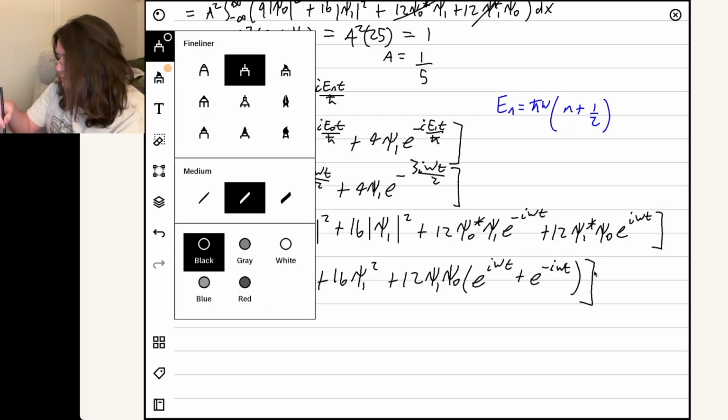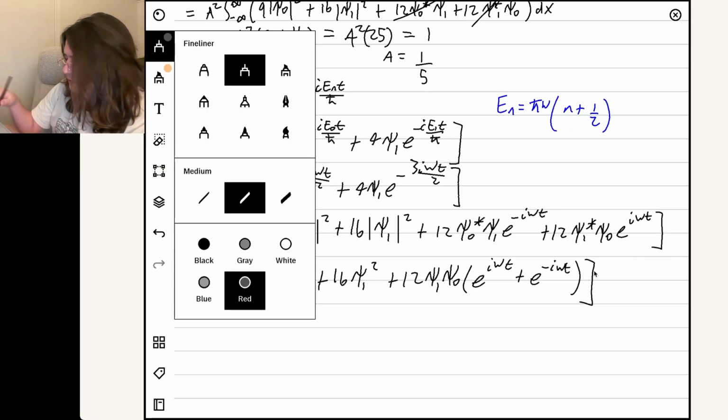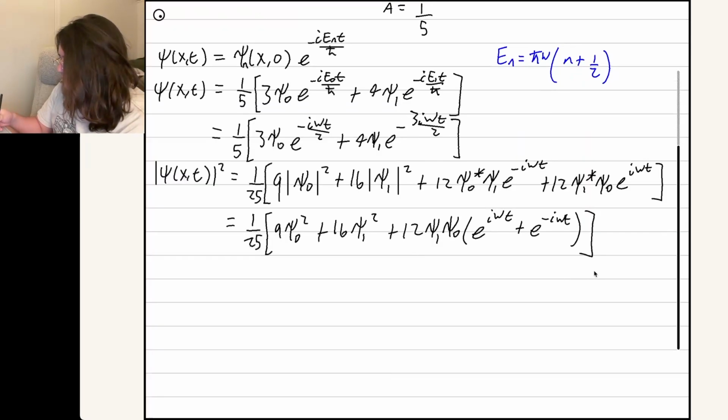We can simplify this even further by making use of the definition of the cosine function as e to the iz plus e to the minus iz over 2.